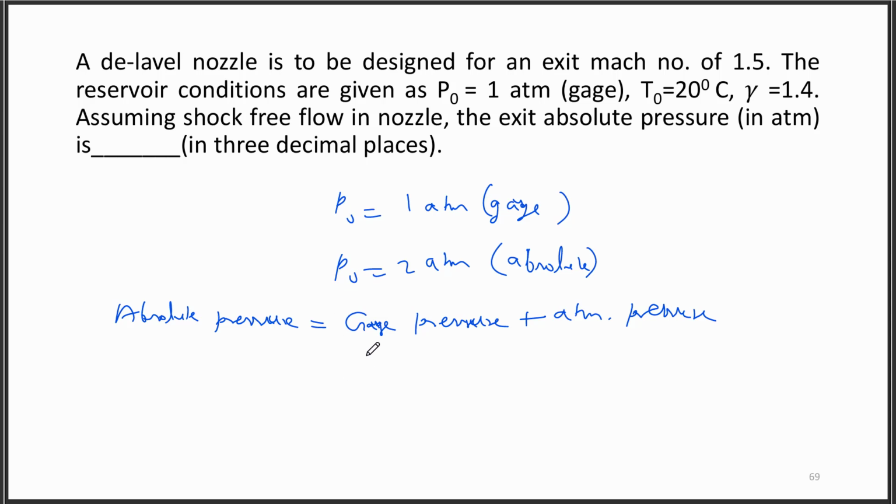So this is P naught. T naught is 20 degrees Celsius or 293 Kelvin, and ME is 1.5. So we have to find the exit pressure.